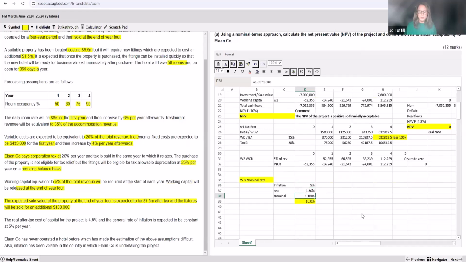And so the nominal rate, okay, let's just check this, is the combination of the two. So you make that 1.05, you make that 1.048, and therefore the nominal is going to be that times by that.